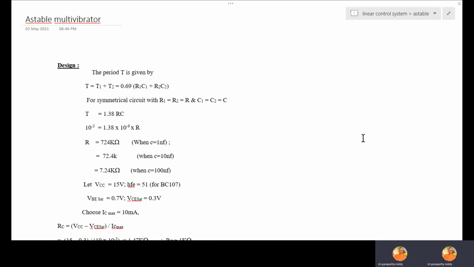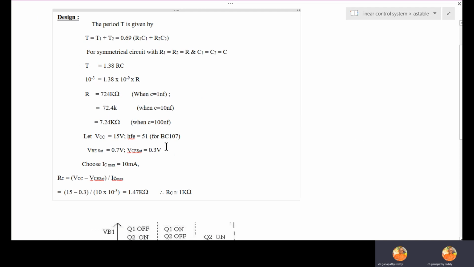Then we are doing this. Let VCC be 15 volts and hFE is 51. How to design the RC value is already done. So in this, RC is VCC minus VC divided by IC max. VCC is 15, VC is 0.3 or 0.2, anything you can take.